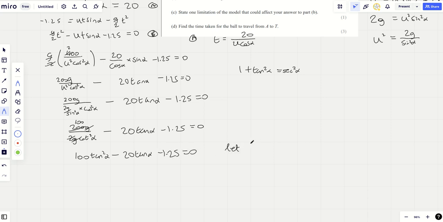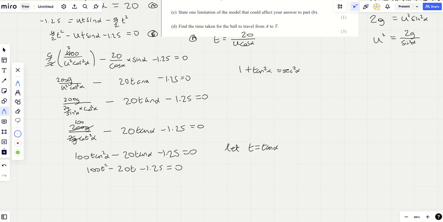Let t equal tan alpha, and it will be a little bit easier to see. You've got 100t squared minus 20t minus 1.25 equals 0. In this kind of question, when you're stressed out, it's probably best to just use the quadratic solver on your calculator. It may well factorize, but I don't think I'd be sitting there thinking I want to factorize this in the exam.